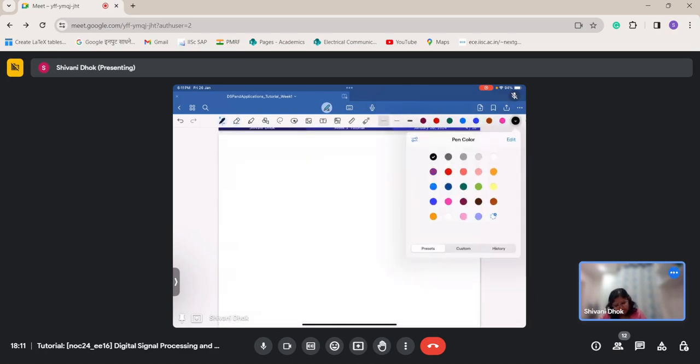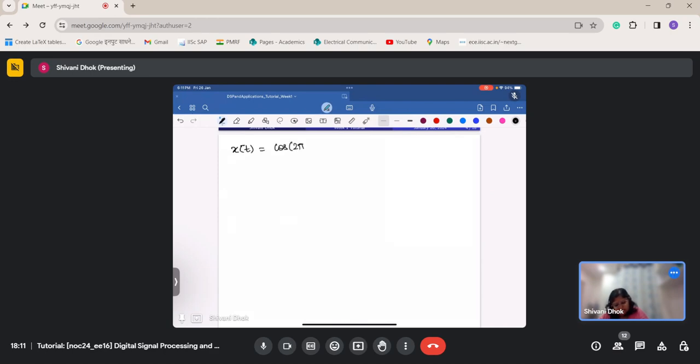Okay. So let's say I have this signal x(t) equal to cos 2 pi f naught t. If we take its frequency domain representation, we have this cosine, or let's say we have some phi also. This was done in class. So this is f naught frequency.